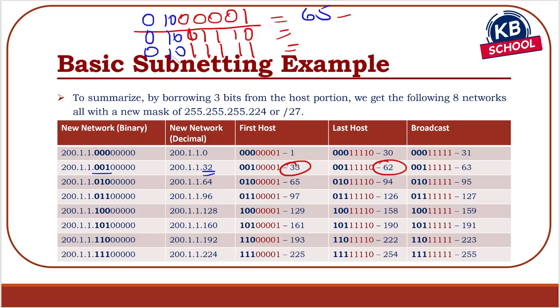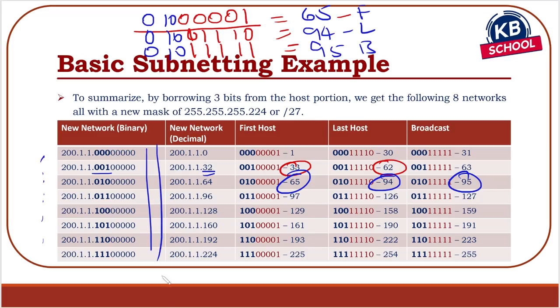This becomes 64 plus 16, 80, 88, 92, 94, 95, which is my broadcast, and 94 would become the last usable one. So 65, 94, 95. All right, so on and so forth. And I've done it for each one of those networks, but it's a lot of binary math that I had to do over here to figure this out.